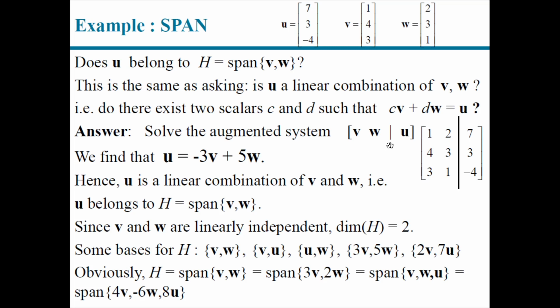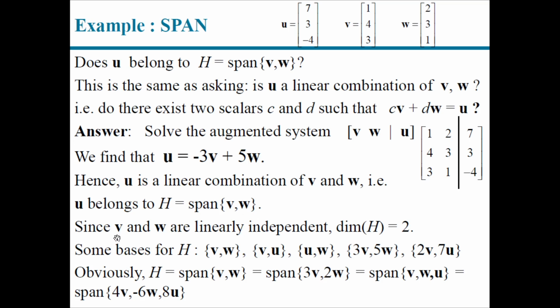So I just form a system, apply Gauss-Jordan, and try to solve. Fortunately, there is a solution, -3 and 5, so u is a linear combination of v and w. That means that u belongs to the span of v and w, because span is just all linear combinations. So u is one of them, obviously.